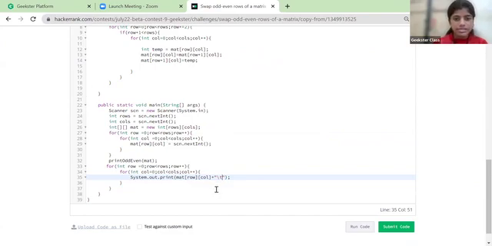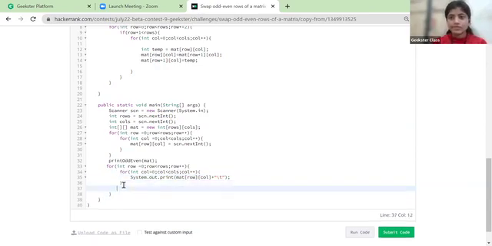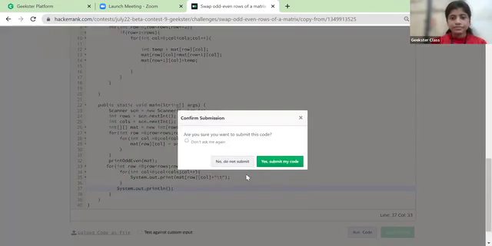Add a system.out.println after line number 36. Now run the code. First run the code, then submit.